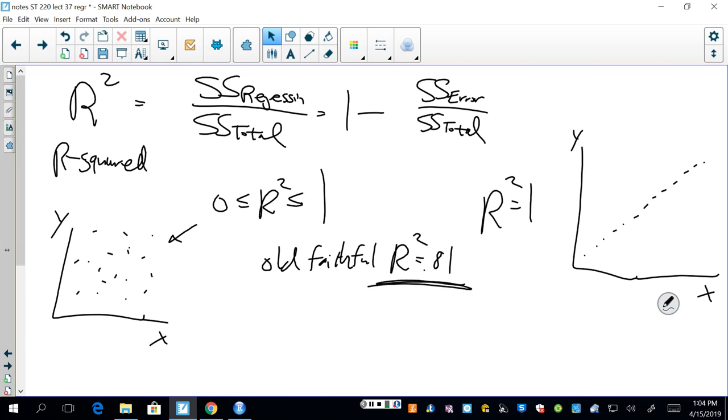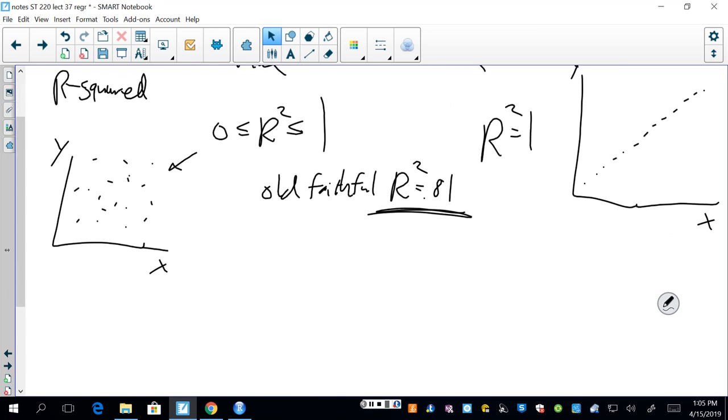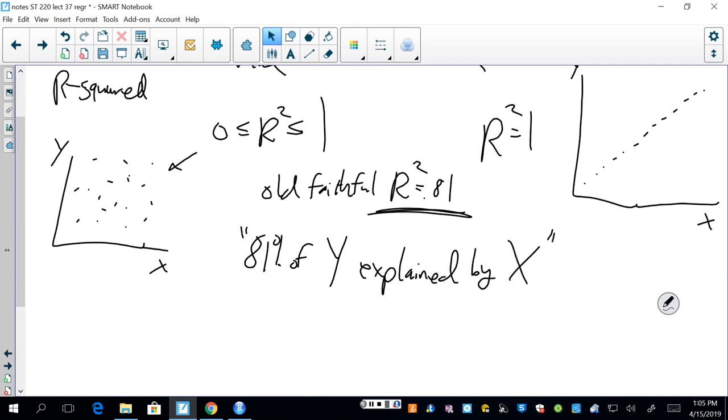I guess that's interpreted as 81% of the variability in y, the waiting time till the next eruption, is related to or explained by the previous eruption time. And so it's 81% of y explained by x.